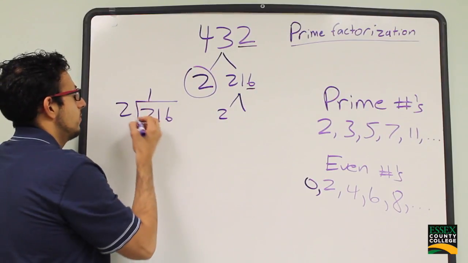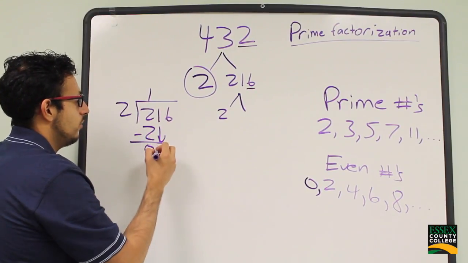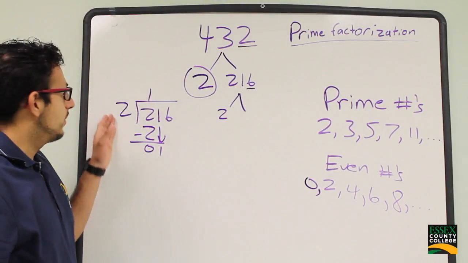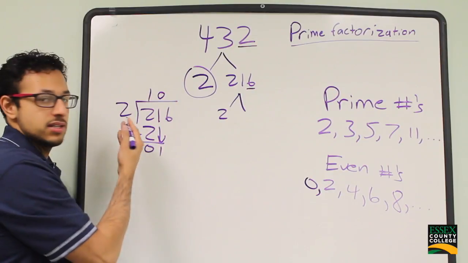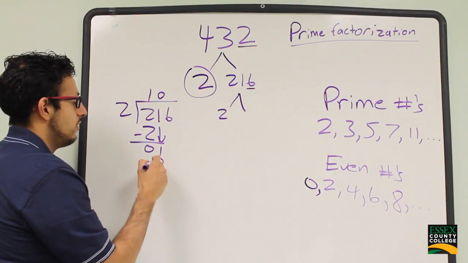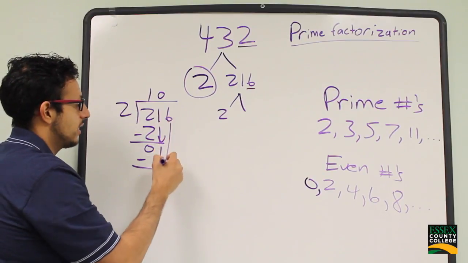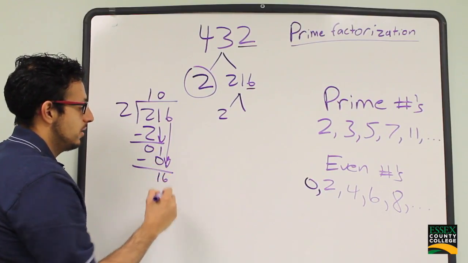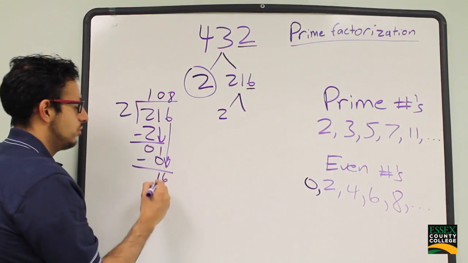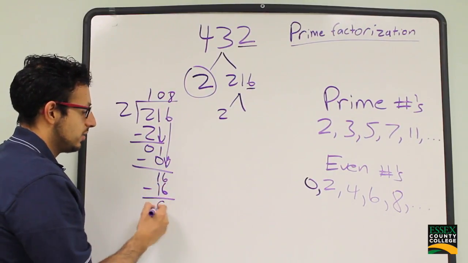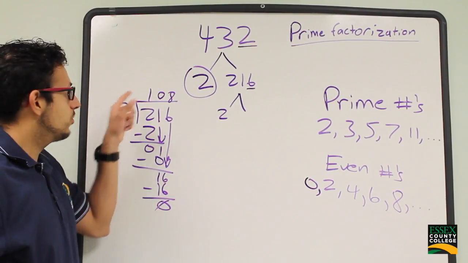Once. 1 times 2 is 2, subtract, 0, bring down the 1. How many times does 2 go into 1? 0 times. Subtract, we get 1, bring down the 6. How many times does 2 go into 16? 8 times. 8 times 2 is 16, subtract, we get 0. So 216 divided by 2 is 108.